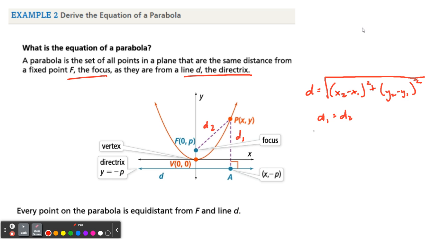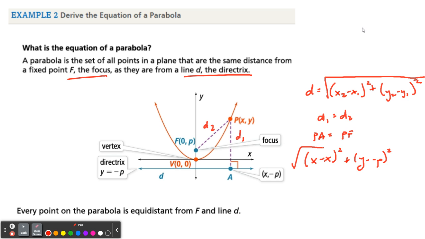On this picture, that would be P to A is equal to P to F, right? PA, PF. To find P to A, we have to use P's coordinates and A's coordinates. I will start with P's coordinates. So we'll do the square root of (x minus x) squared plus (y minus negative p) squared.